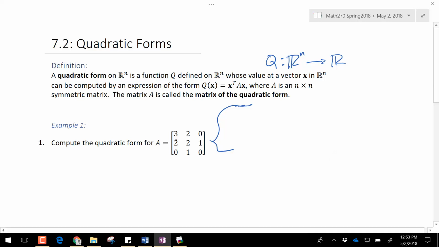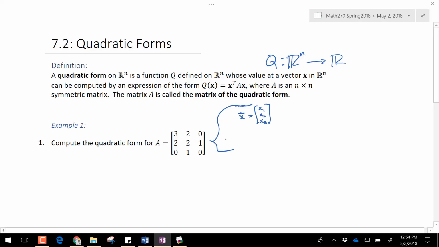All right, so here A is a 3 by 3 matrix, so we're going to take a look at vectors in R3, and generically our x vector would be x1, x2, x3, or one can say that your x vector can be x, y, z, which we might go into just so we can take a look at graphs of things. But for now, let's just say x1, x2, x3 is a vector.